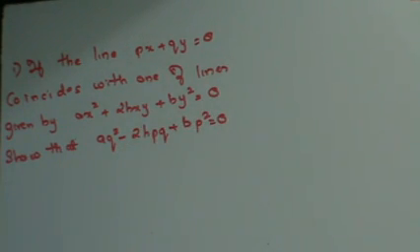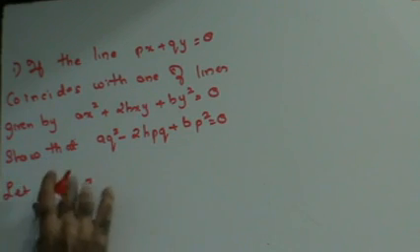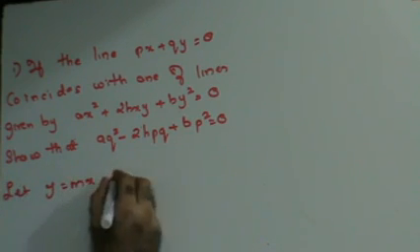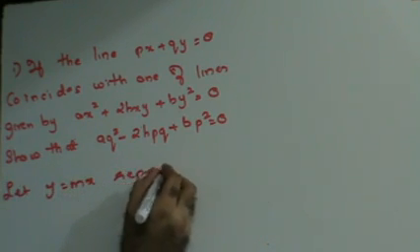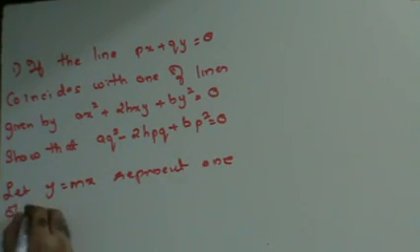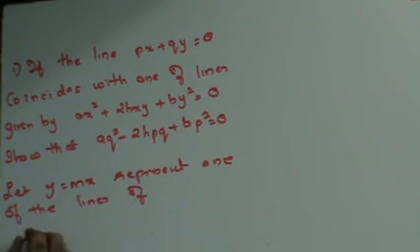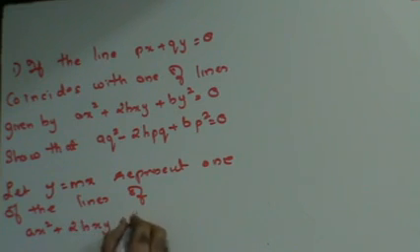Now I can say that let y is equal to mx represent one of the lines of ax square plus 2hxy plus by square is 0.